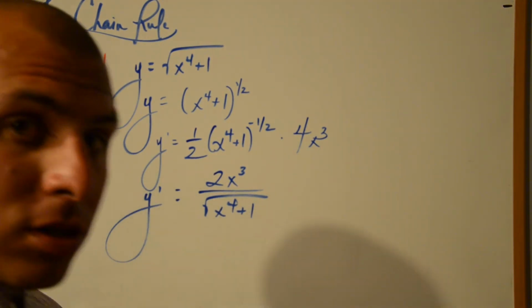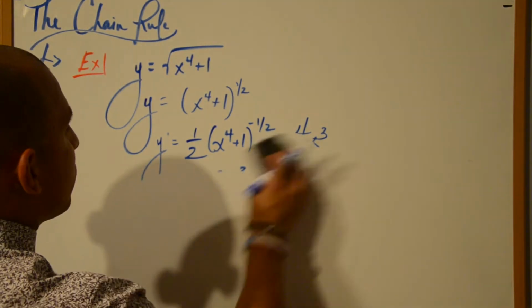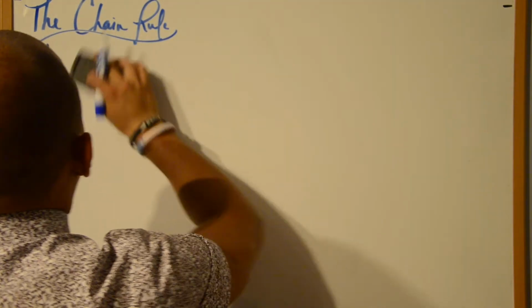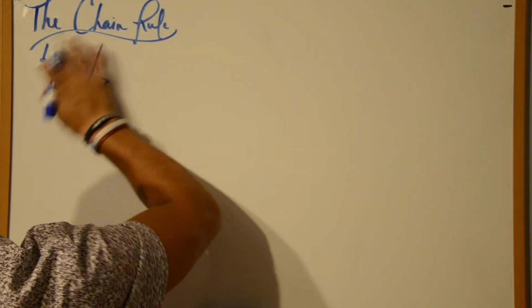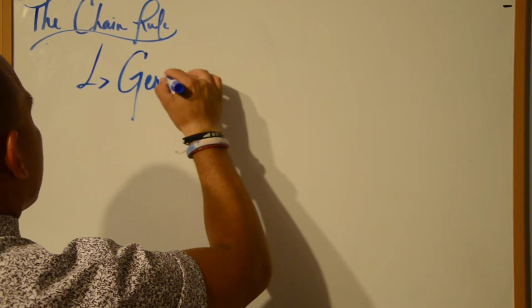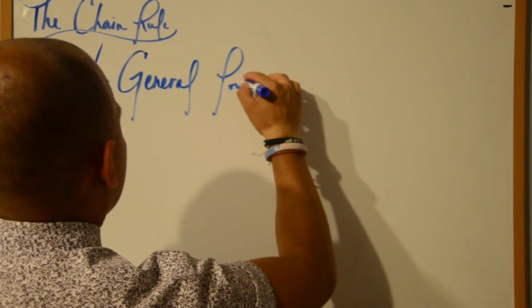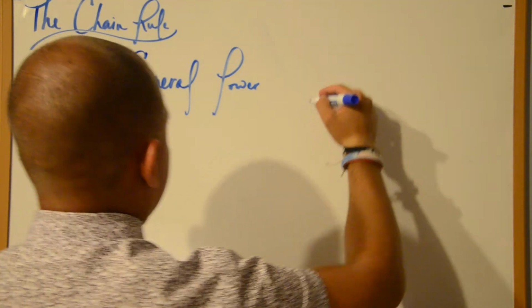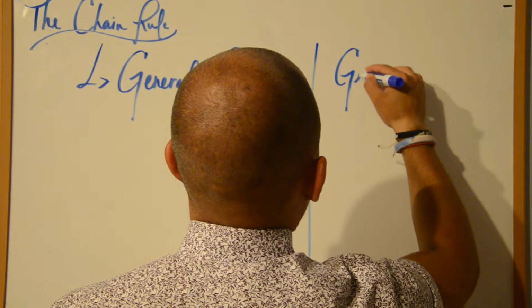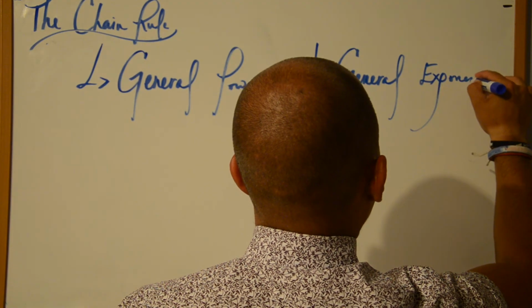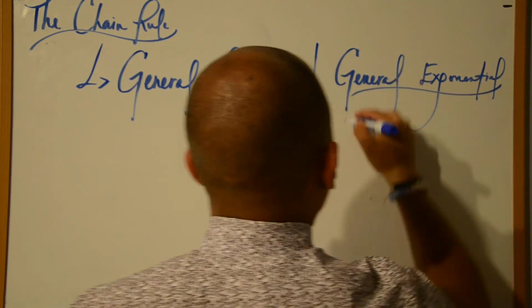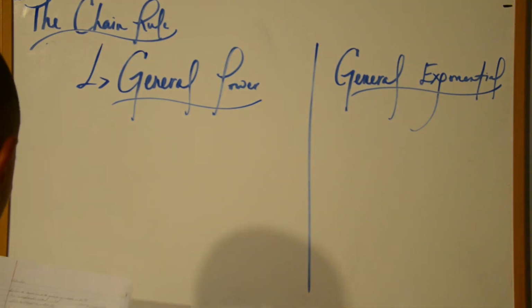And to conclude, yet another short video on derivatives, because it's less talking and more practice and application. We don't need the smaller arrow now. We have the general power rule and the general exponential rule.